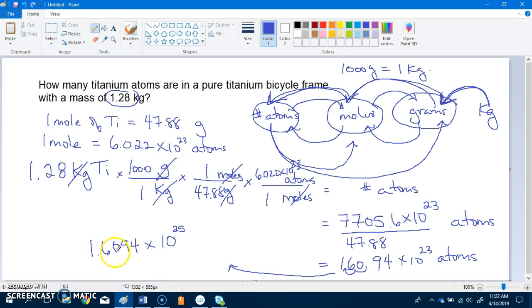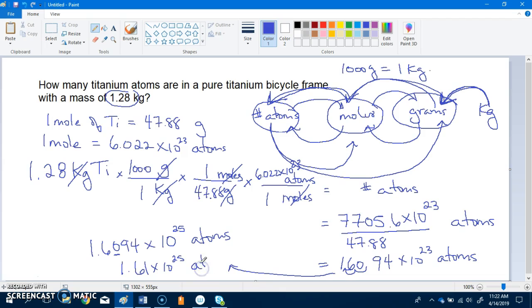So now it becomes 1.6094 times 10 to the 25, because I have to move it 2 more spaces plus the 23 to get the actual number. And then lastly, we're going to show it with 3 significant figures, or 2 decimal places. So 2 decimal places brings us here. The 9 will round up the 0 to a 1, so the final answer is 1.61 times 10 to the 25 atoms.